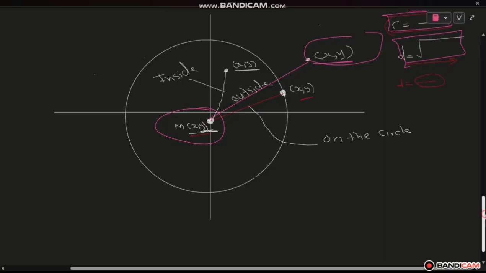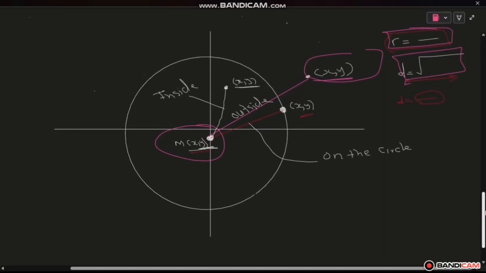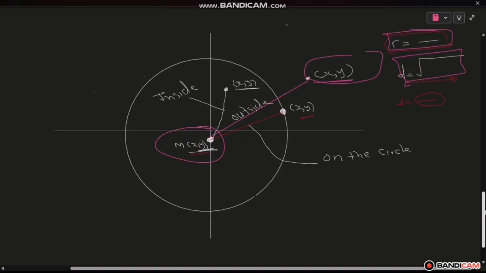Now let me try to simplify it for you guys so that you will actually remember it easily. Okay, let me adjust my screen here. Now if d is equal to r, if the distance is equal to r, it means that the point lies on the circle or lies on the circumference. It's either circle or circumference.